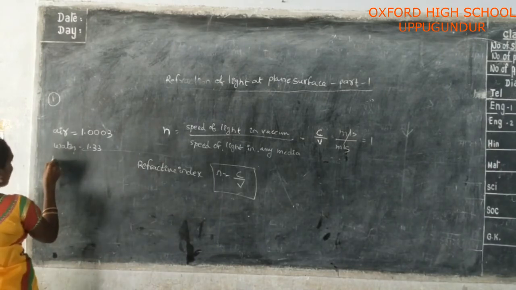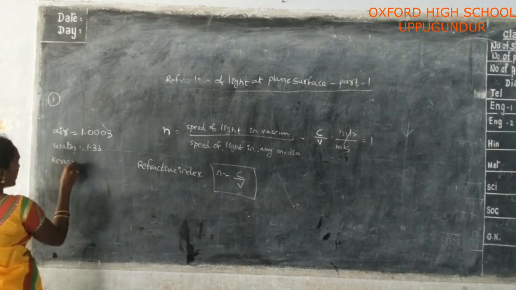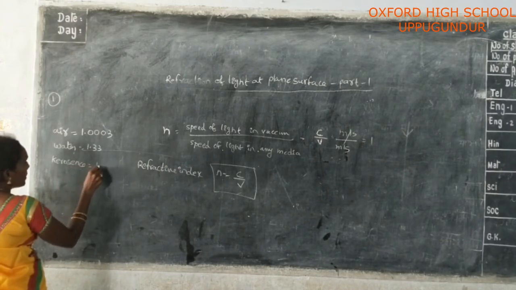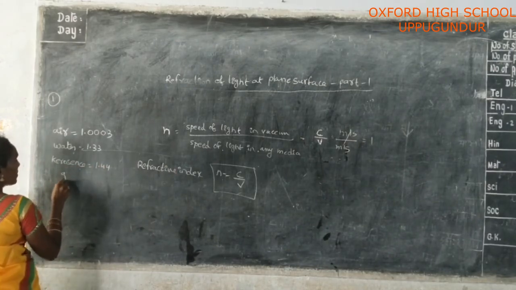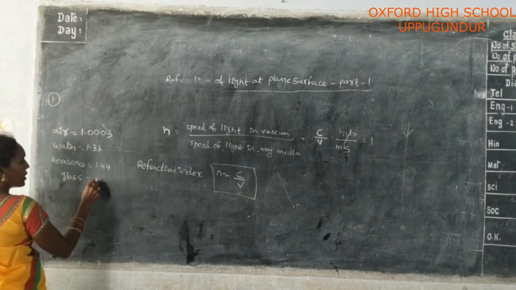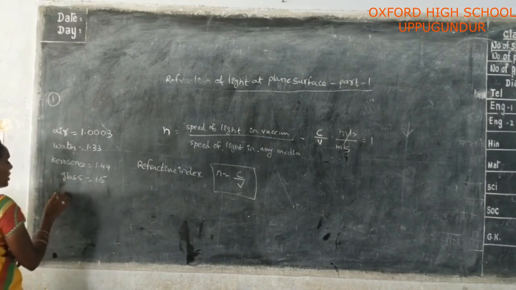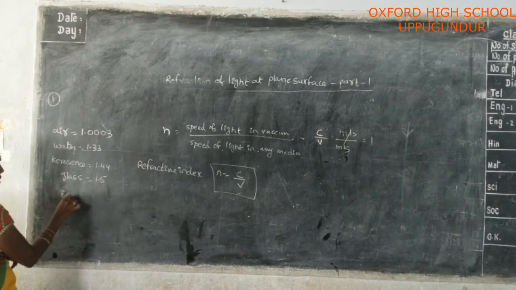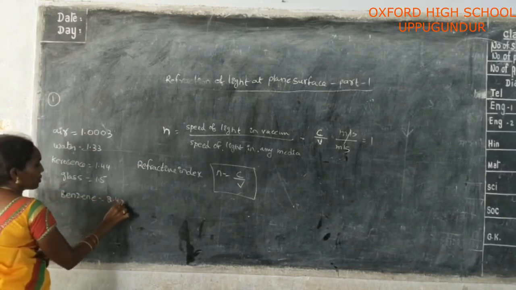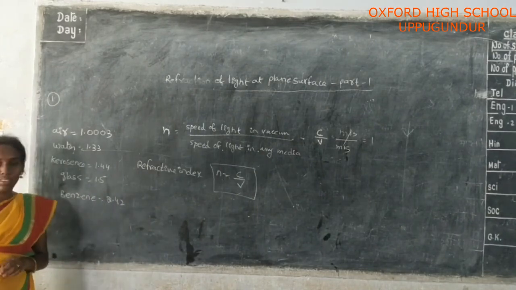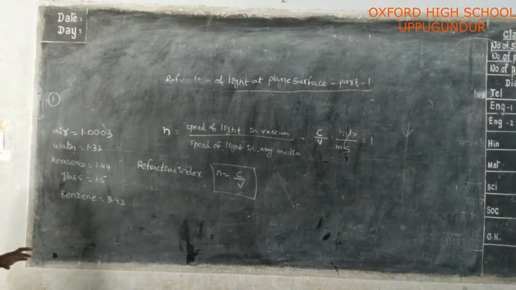And next, refractive index of kerosene is equal to 1.44, and refractive index of glass is equal to 1.50. And next, refractive index of benzene is equal to 2.42.